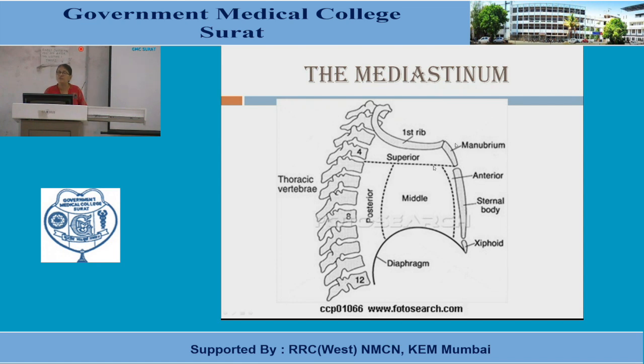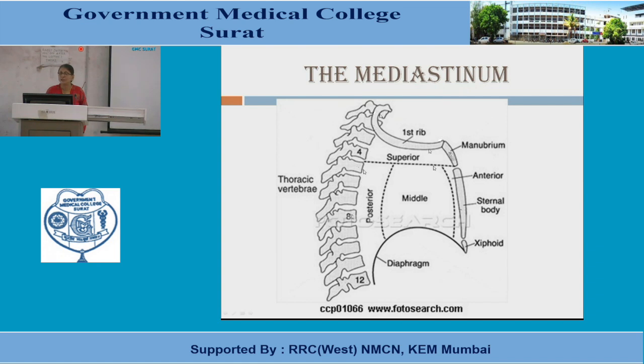So what are the boundaries of the mediastinum? Anteriorly is the posterior surface of the manubrium, then the posterior surface of the body of the sternum and the xiphoid process. This is the anterior boundary. Posteriorly, it is the anterior surface of all 12 thoracic vertebrae and their intervertebral discs.